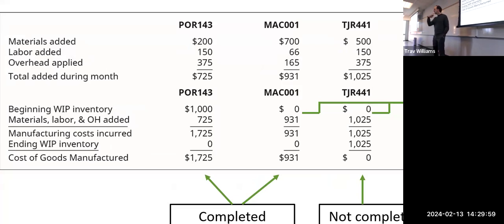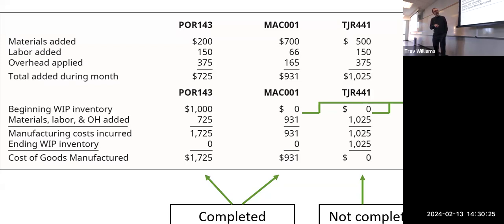This was the job that we saw examples for earlier. There were $700 of material costs, $66 of labor, and $165 of manufacturing overhead, totaling $931 of costs for that particular job. So we know exactly what costs are associated with that job and that customer.